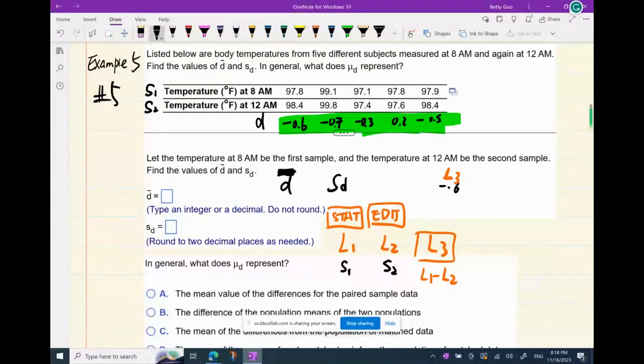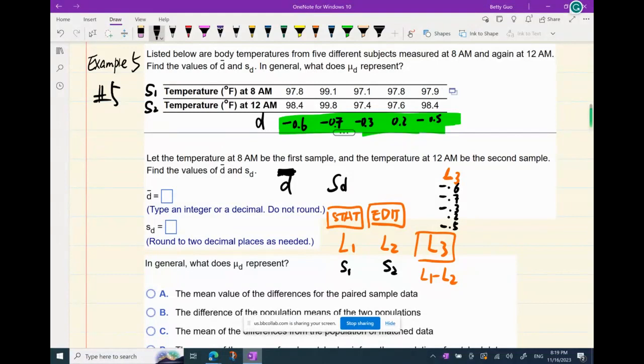Negative 0.6, excuse me, negative 0.7, negative 0.3, positive 0.2, and negative 0.5, 5 values. Let me know, do you have the same thing as me at this point?